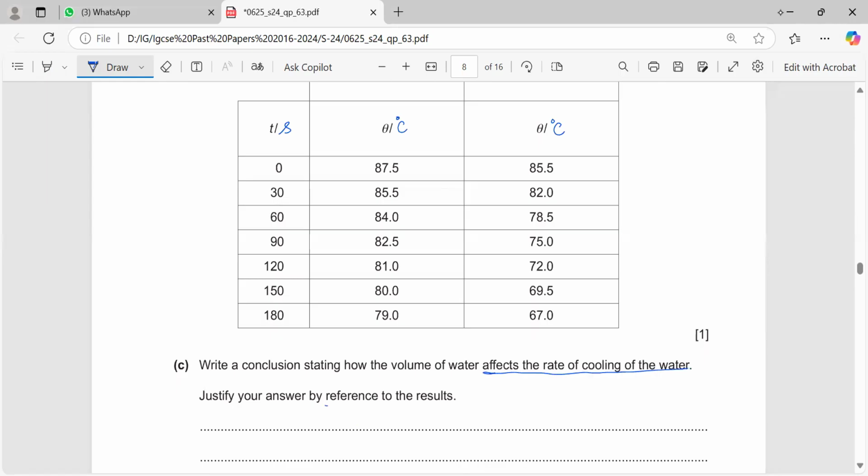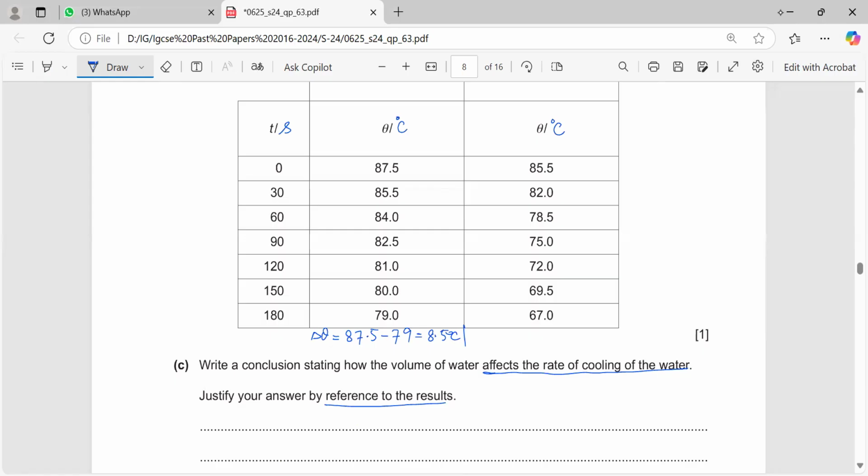Justify your answer by reference to the results. First of all, let's calculate the fall in temperature. 87.5 minus 79, so that is equal to 8.5 degrees Celsius. Fall of temperature is there.